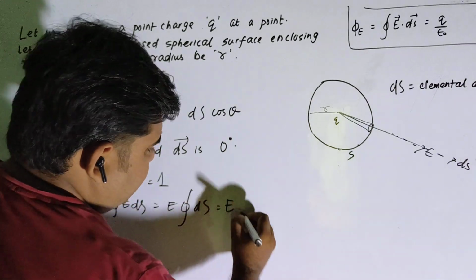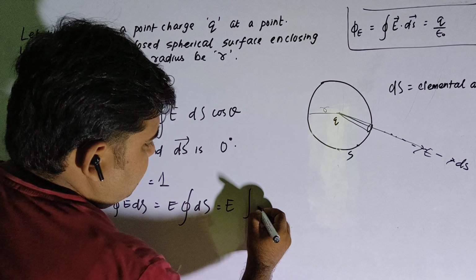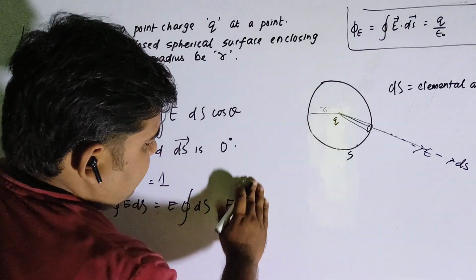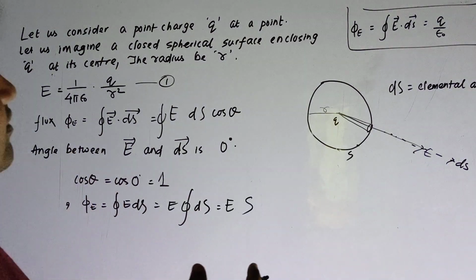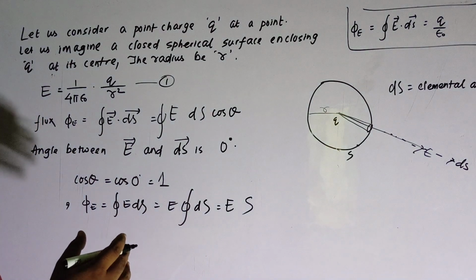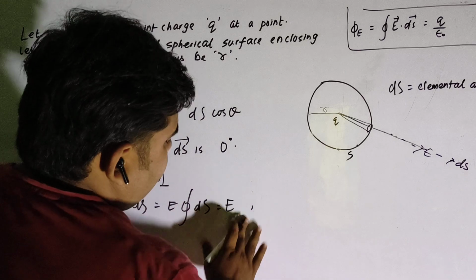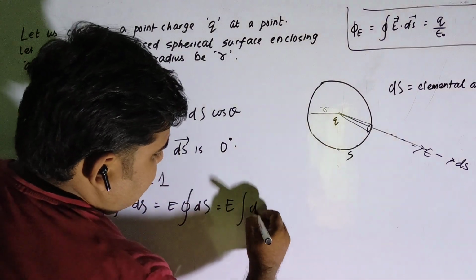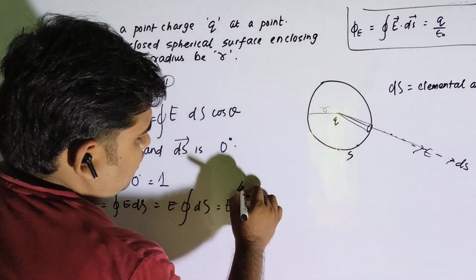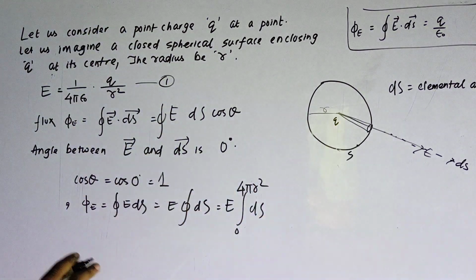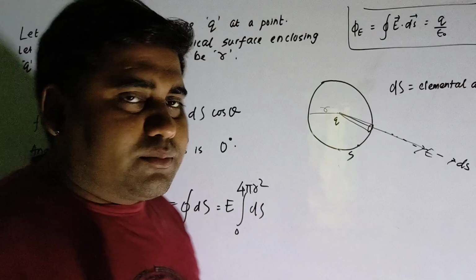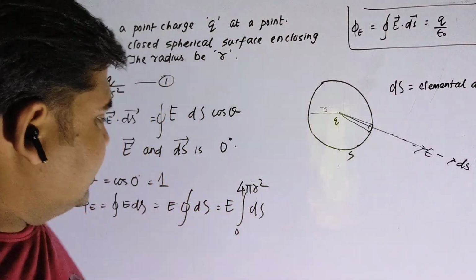Let the surface area of the spherical surface be S, or you can write it as the integral of ds from 0 to 4 pi r squared, since the surface area of a sphere is 4 pi r squared, where r is its radius.